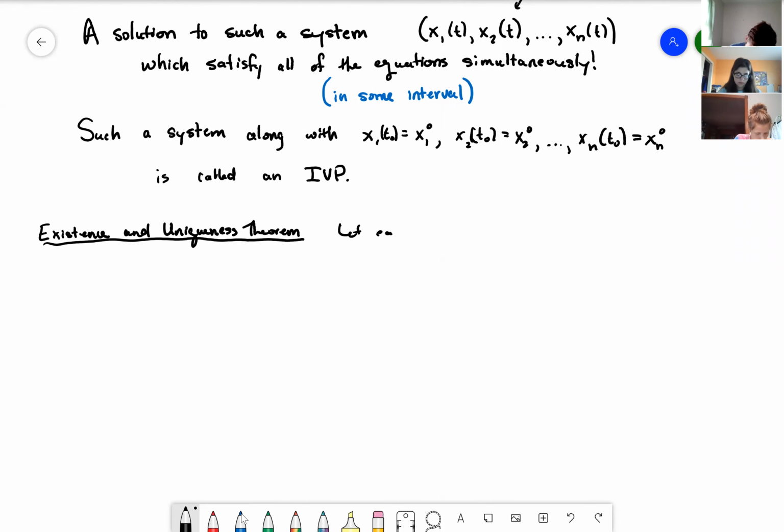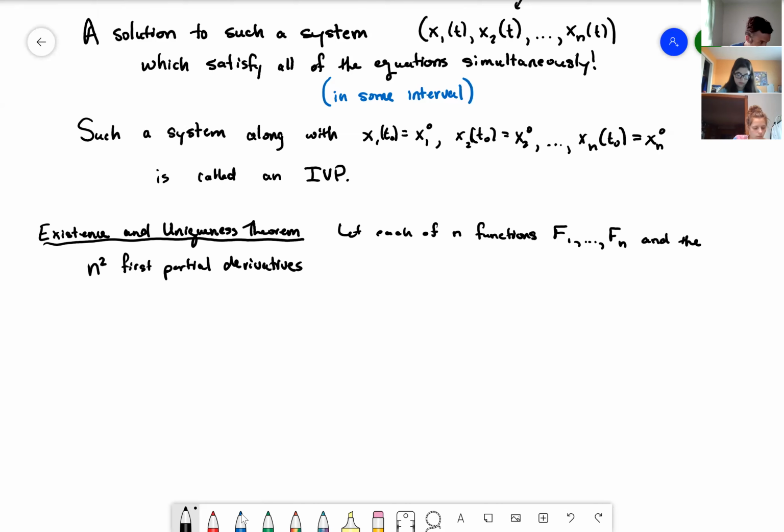So let each of the n functions f1 up to fn and the n squared first partial derivatives.